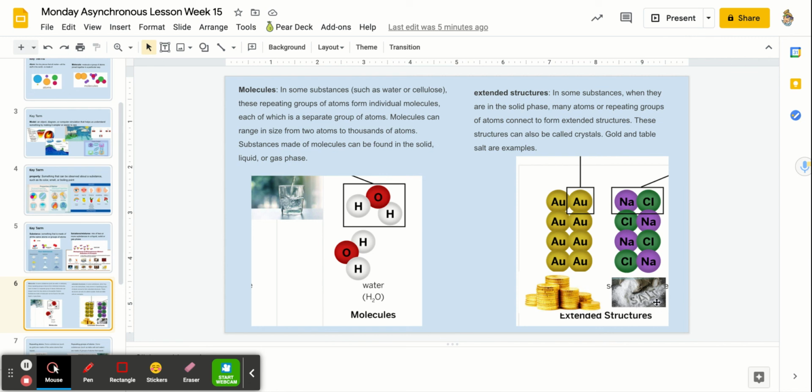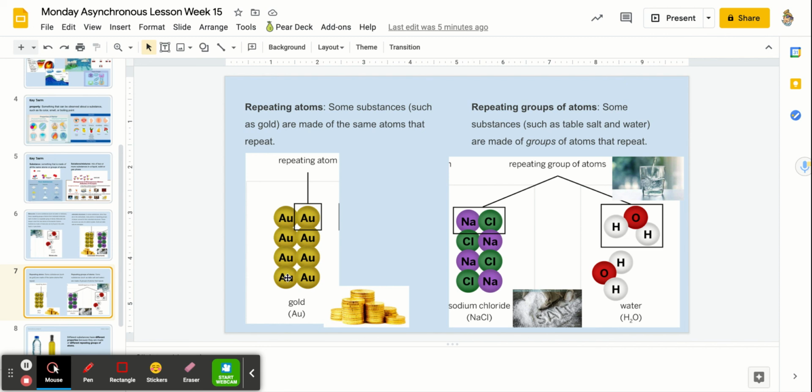NaCl is sodium chloride, which creates salt. That's its general term. And then we have Au. Au represents gold. All these individual gold atoms are repeating and eventually create what you see as gold.